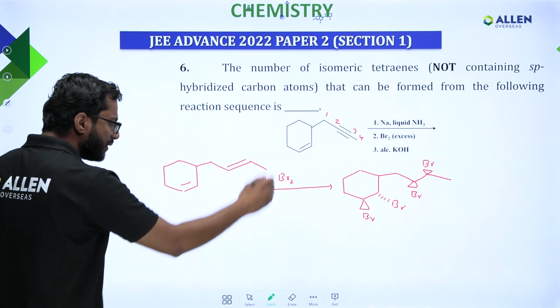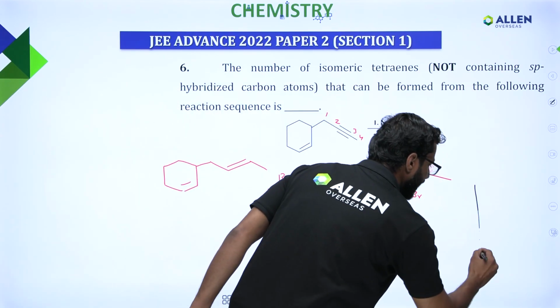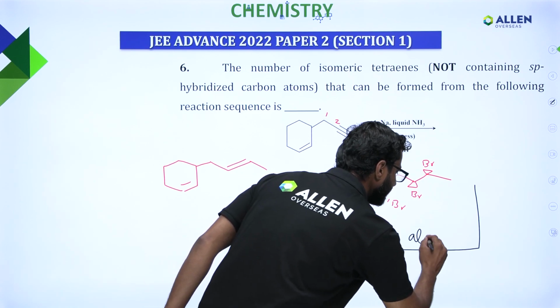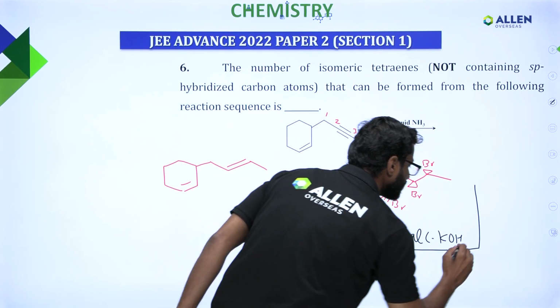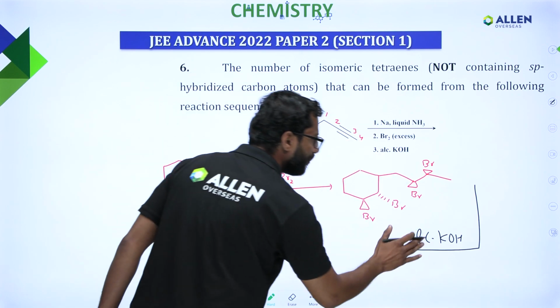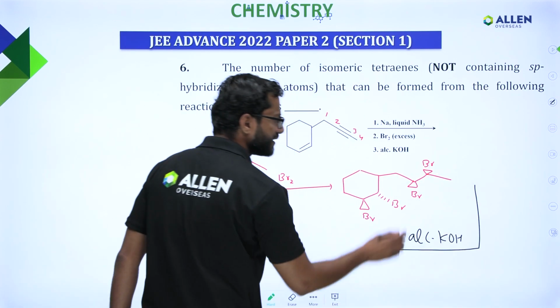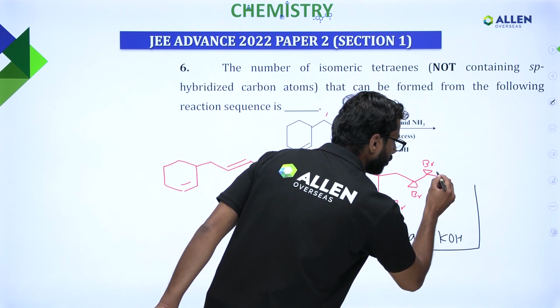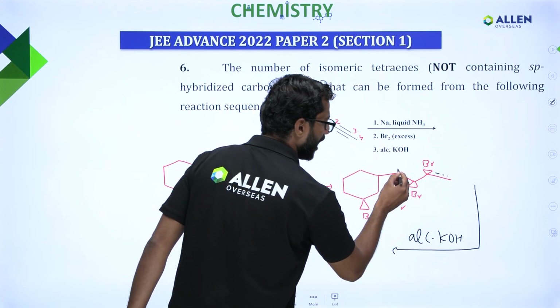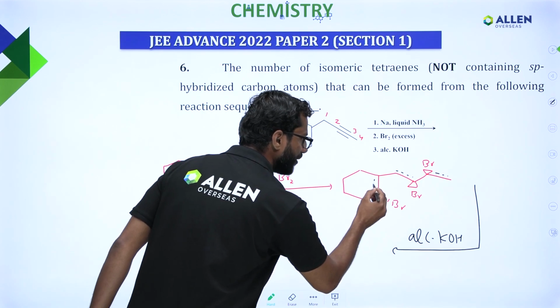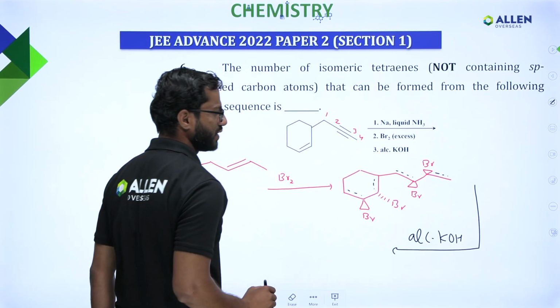Now the third reaction is an elimination reaction, reacting with alcoholic potassium hydroxide. So we have to form pi bonds between carbon-carbon atoms. First we have to form a pi bond here, and a pi bond here, and a pi bond here and here, students.